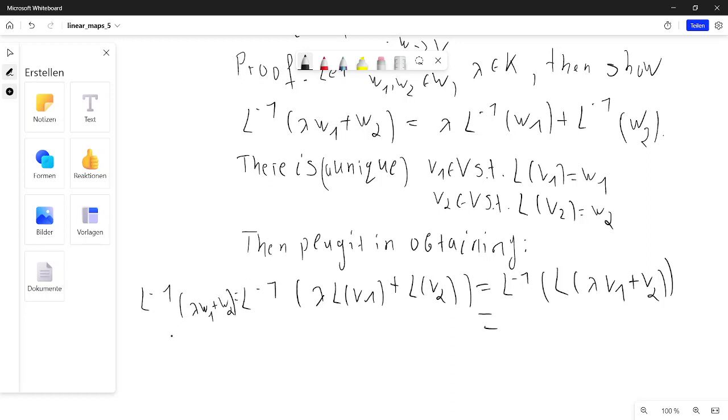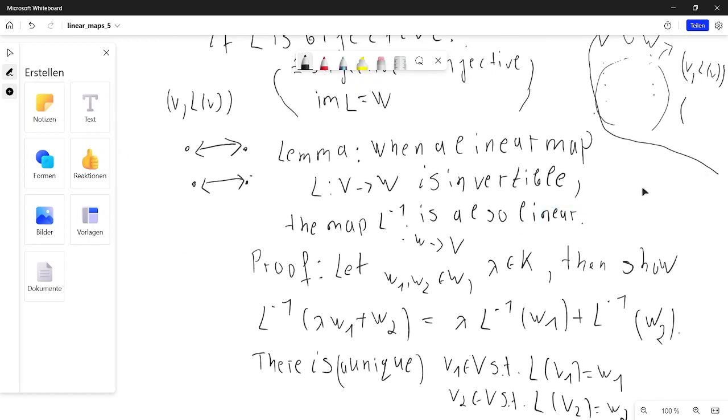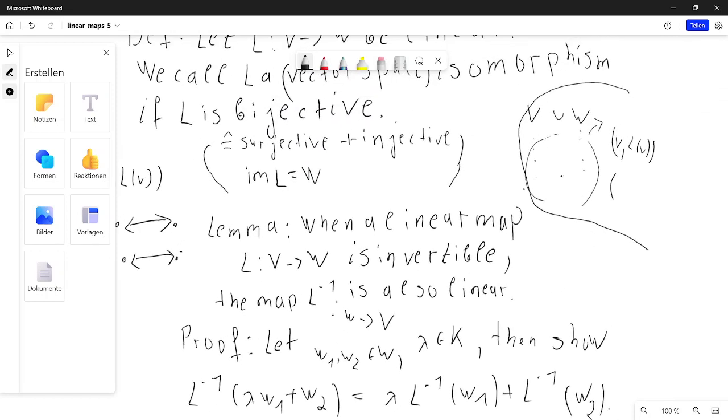And here we just use the property that this map is the inverse map of this. When we go like that in that pair, the inverse map just brings it back.